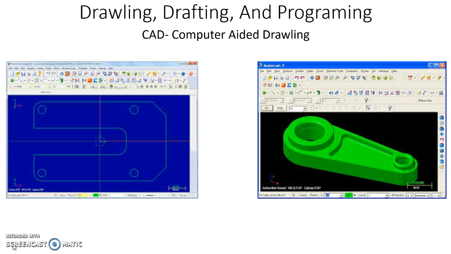With this program, you can also draw a specific item and have it create a code for you to send to the computer controlled programs or machines. Depending on how you want to have it set up, it can either generate a generic code that a programmer that is familiar with the code can go in and edit for a specific machine, because each machine has its own little quirks and needs.